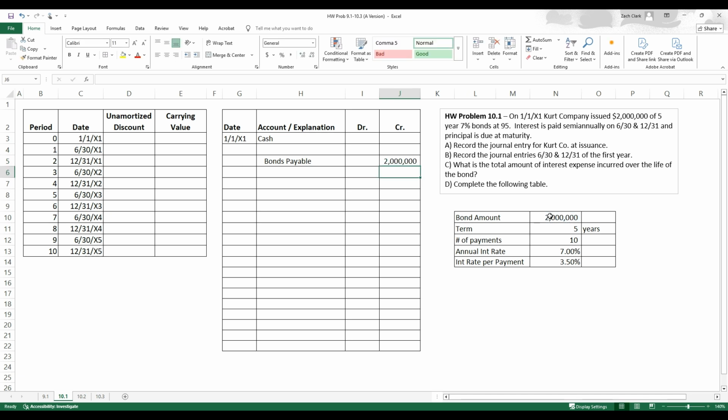And that was $2 million. So if we didn't have a discount, we would have just basically received $2 million. We're the business, so we're basically borrowing $2 million through these bonds. But we issued them at 95, right? Okay, maybe that's actually good information to keep in here.